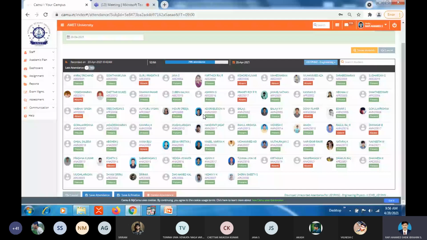From the Tripoli department, 5 students are absent: Guru Prasad, Kishore Kumar, Maheshwaran, Mohammed Azan, Pramati Roy. The Tripoli students can leave the meeting.